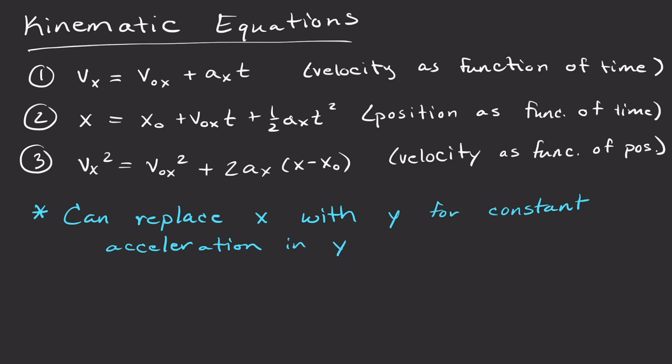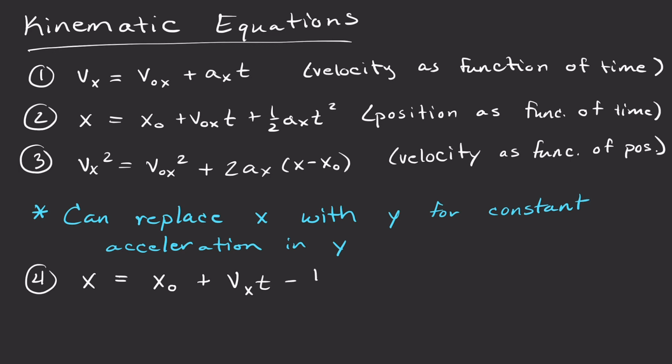Okay, and then there are often two other equations that are sometimes given, again depending on your class, and they look very similar. So this looks like the second equation, except now instead of v naught, you have just vx, so final velocity instead of initial.